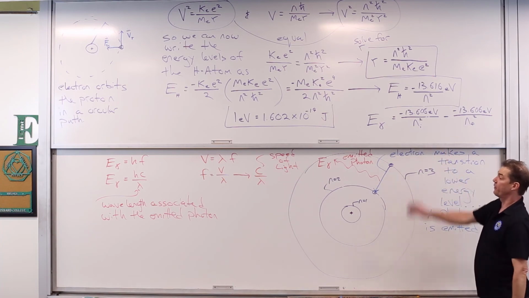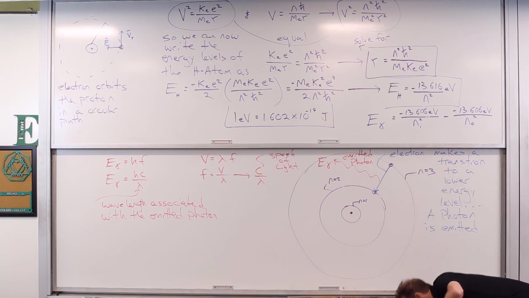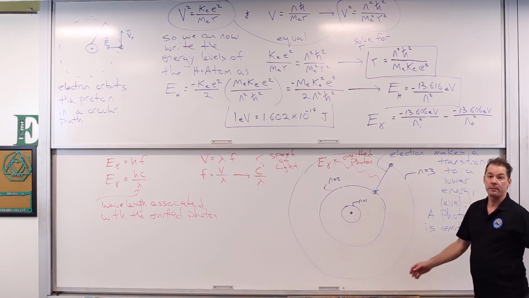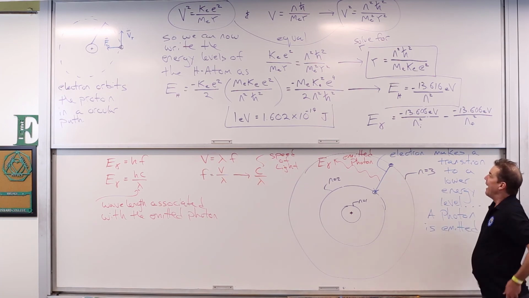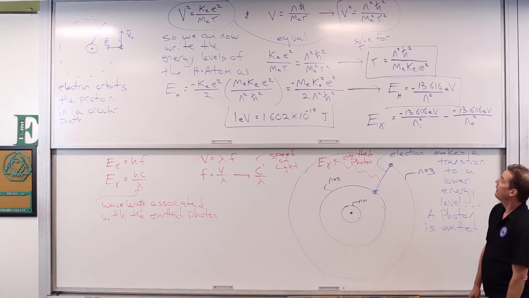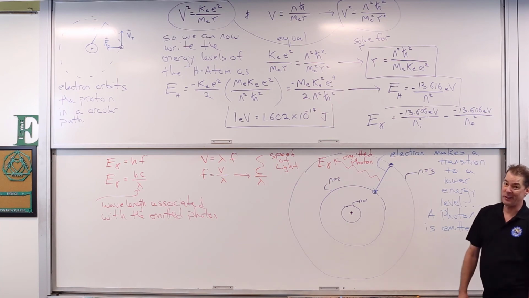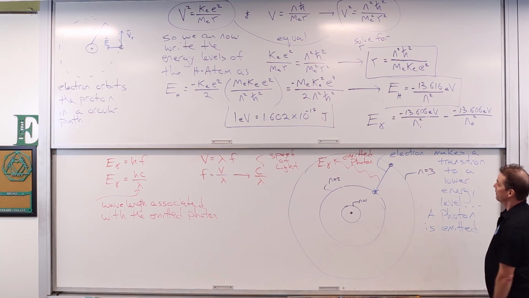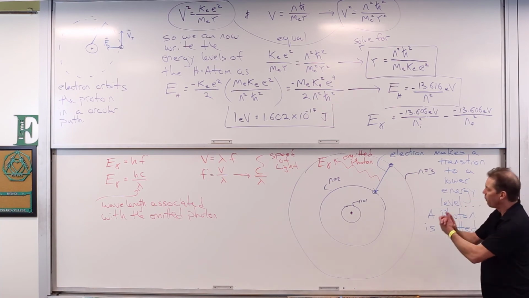And this successfully predicted the wavelengths of the emitted photons that are observed. And thus, I don't want to say the birth of quantum mechanics, but there was some deep rethinking of the nature of everything from this point on. Quantum gets really crazy. Anyways, that's where we'll leave it.